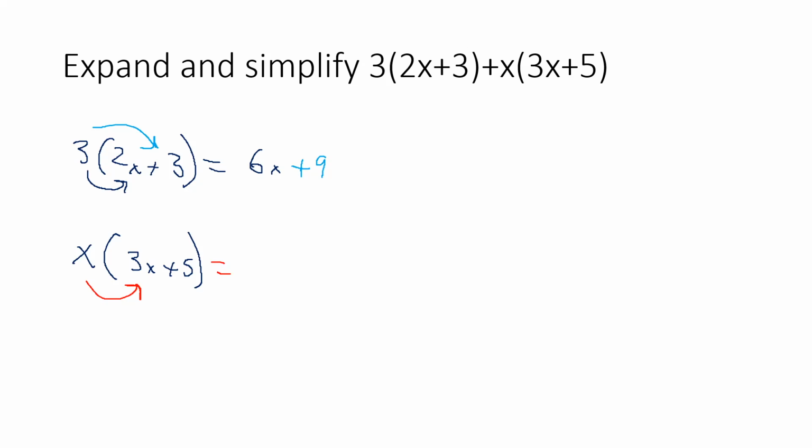X times 3x, like we've shown in the previous example, is just going to be 3x squared. And likewise, x times 5 is just going to be 5x.